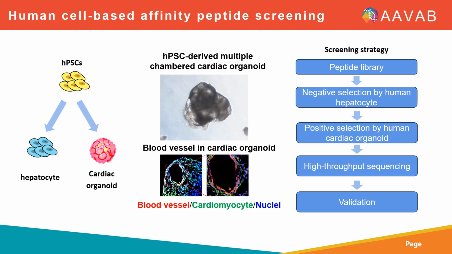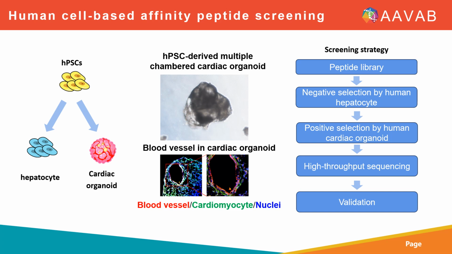First, the hPSCs were differentiated into human hepatocytes and cardiac organoids. The cardiac organoid is multi-chambered and contains cardiomyocytes and blood vessels, which is structurally similar to the human heart. Then, negative selection of the peptide library by human hepatocytes and positive selection by human cardiac organoids were used for cardiac-specific affinity peptide screening.